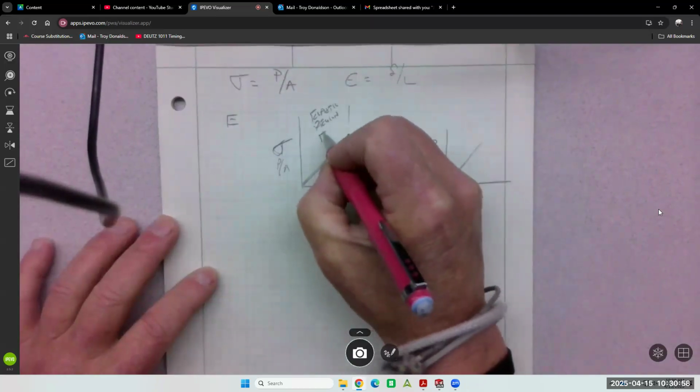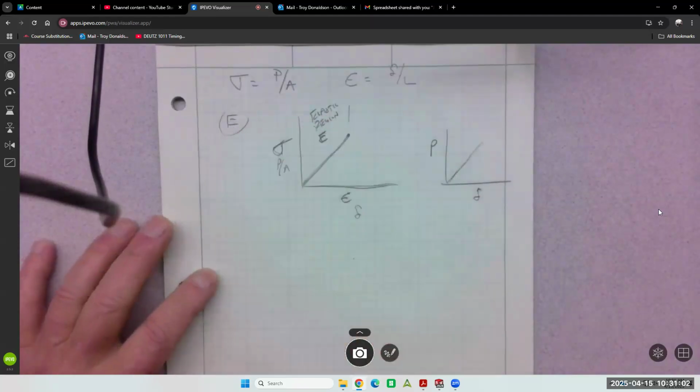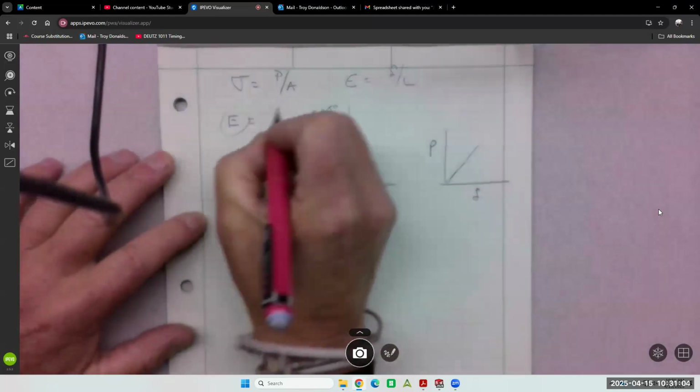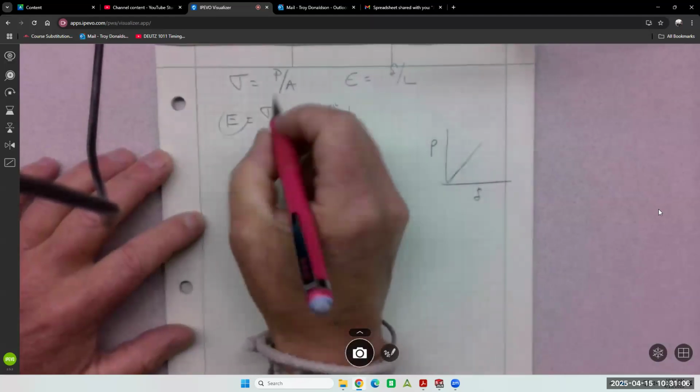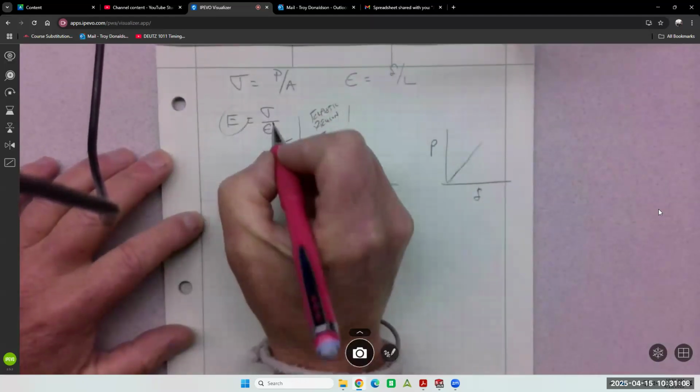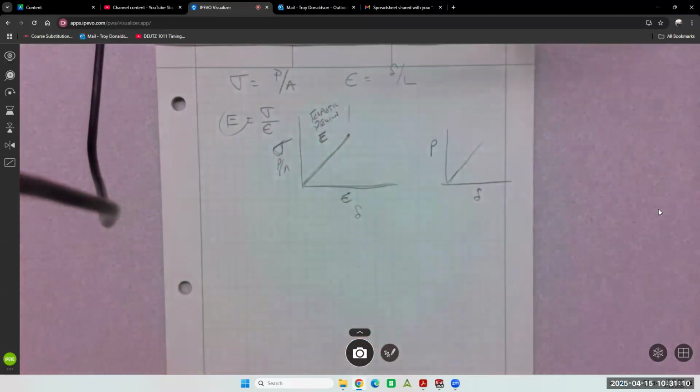And this is where E lives, modulus of elasticity. It lives where the stress and the strain are related to each other. E equals stress over strain.